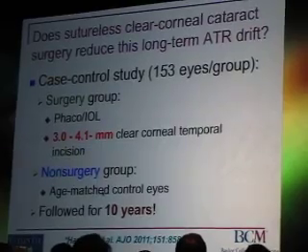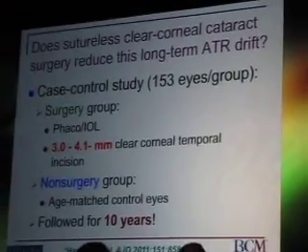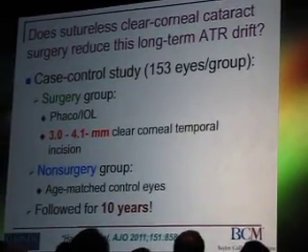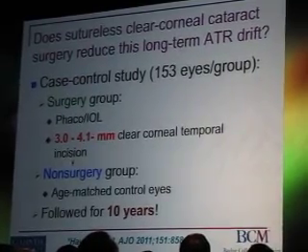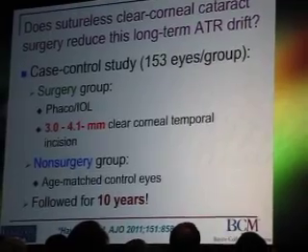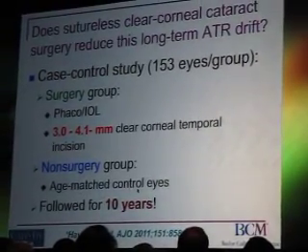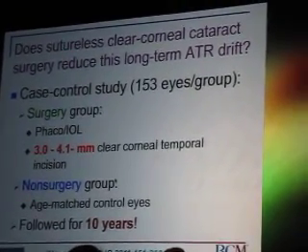Well, what about the effect of age when you do clear corneal cataract surgery? Because we weaken the cornea with our corneal incisions, and maybe there isn't going to be as much of an against the rule shift. In a wonderful paper that Hayashi and colleagues published in the AJO, they looked at a group of patients who underwent surgery with 3 to 4.1 millimeter incisions. And then they had a non-surgery group, age-matched control, 153 eyes, followed for 10 years. Yep, 10 years, folks.